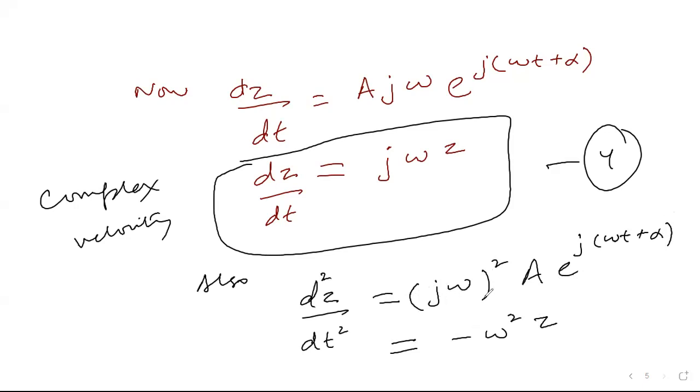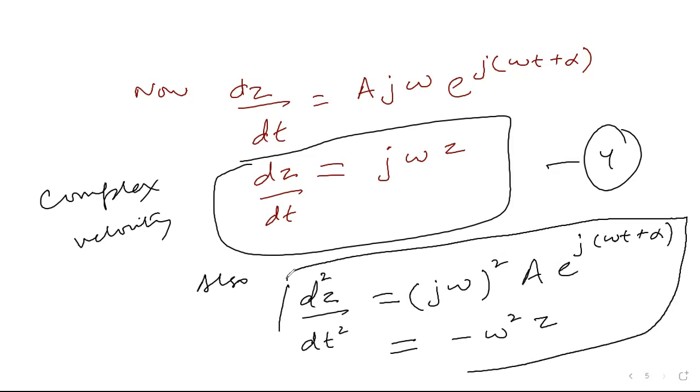J square is minus 1, then I have omega square, this thing is z. This is my complex acceleration. Let me name it.